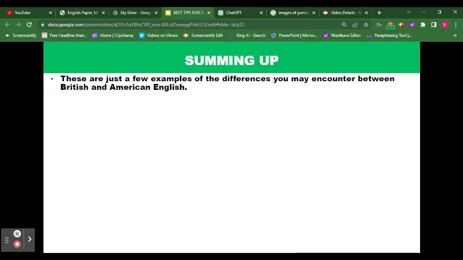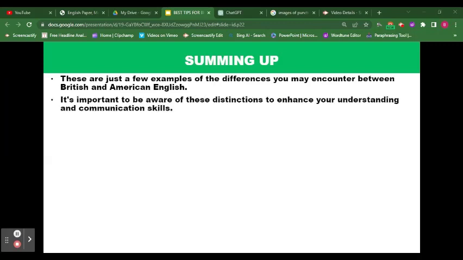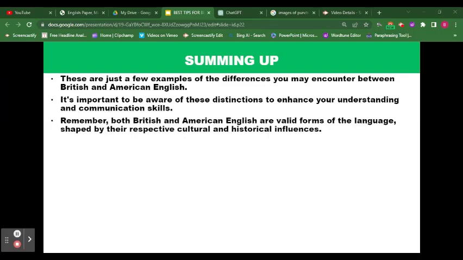Okay. So now these are just a few examples of the differences you may encounter between British and American English. It is important to be aware of these distinctions to enhance your understanding and communication skills. Okay, it's very important. You need to be aware of these distinctions, these differences, in order to enhance your understanding and communication skills.